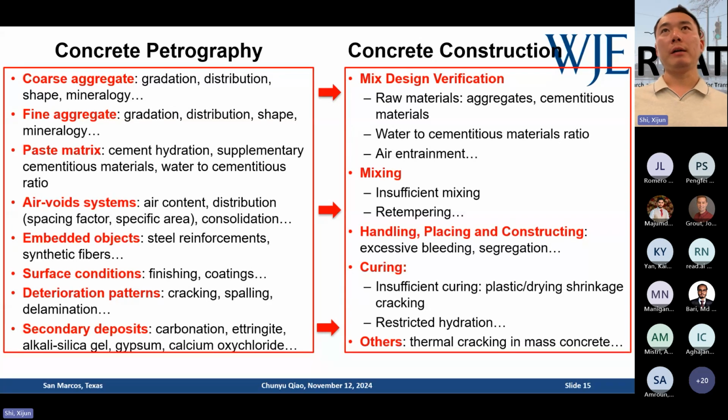So are the shapes consistent with the design or not? And also the mineralogy. Are you supposed to have non-reactive aggregate against ASR or AAR, or do you contain any reactive aggregates or not? Those are the major aspects of aggregate examination during a petrographic examination.